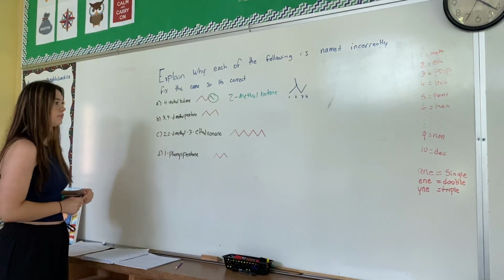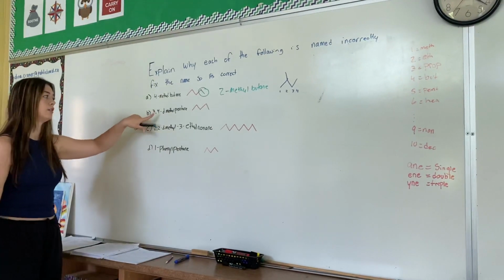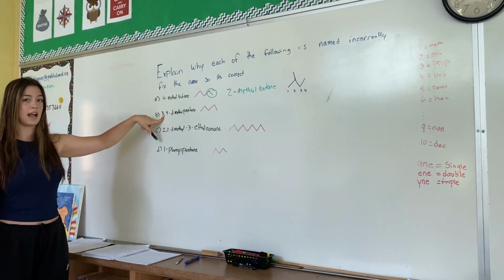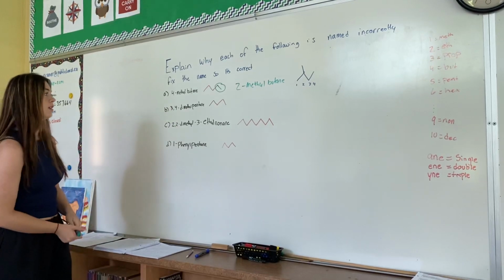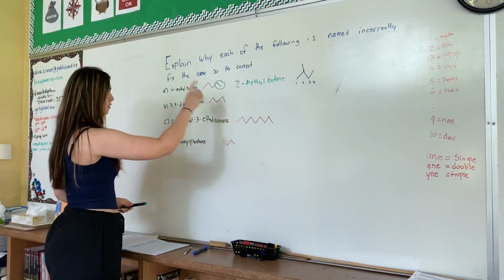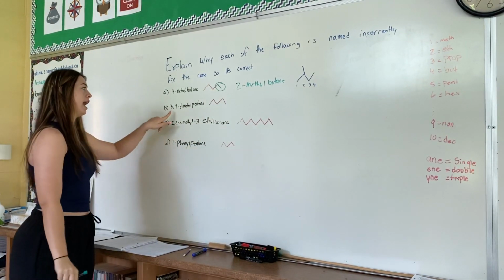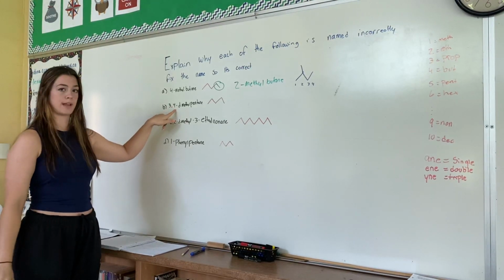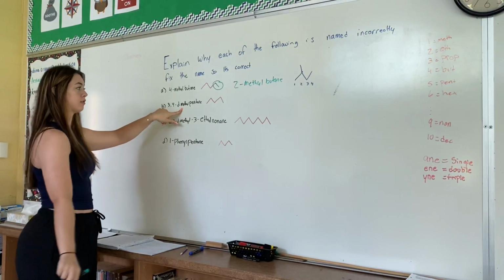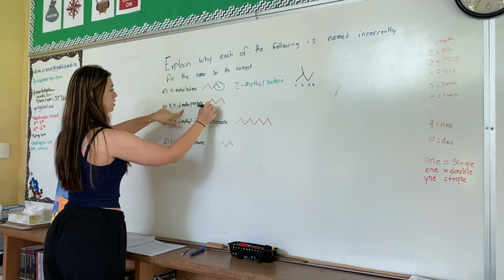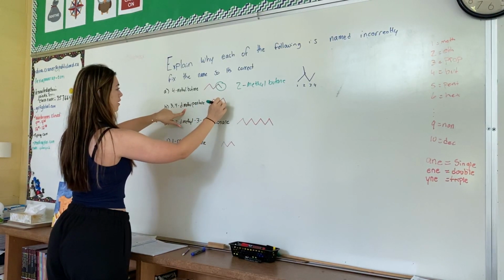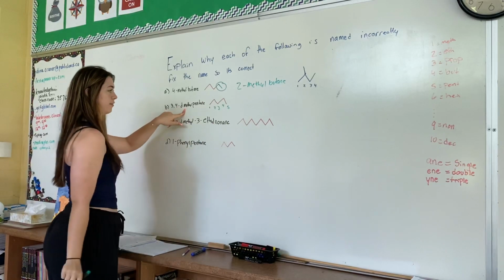Secondly, we're going to be moving on to 3,4-dimethylpentane. So this is a pentane here, and it's saying on our 3rd and 4th carbon, we're going to have 2 methyls. So we have carbon 1, 2, 3, 4, and 5.